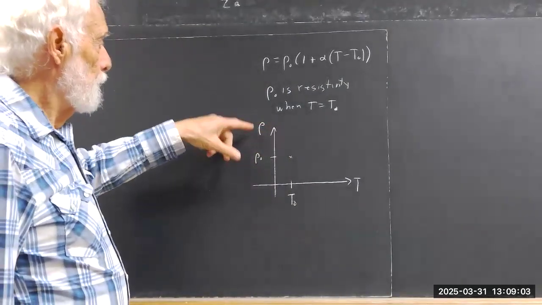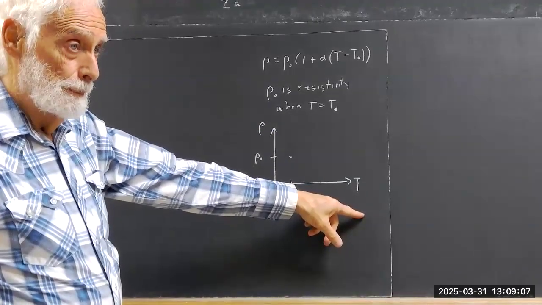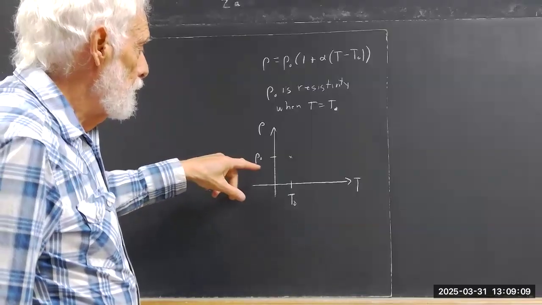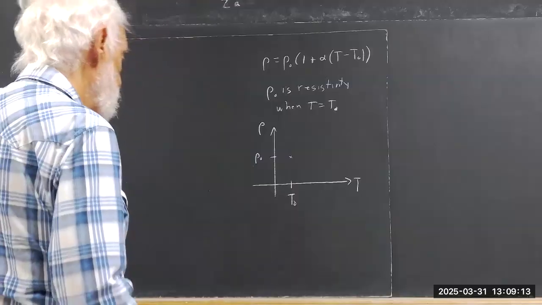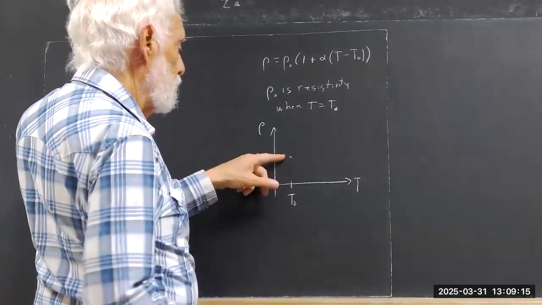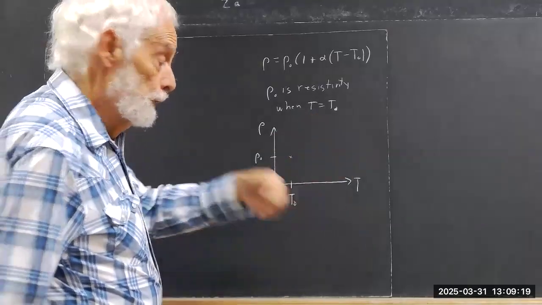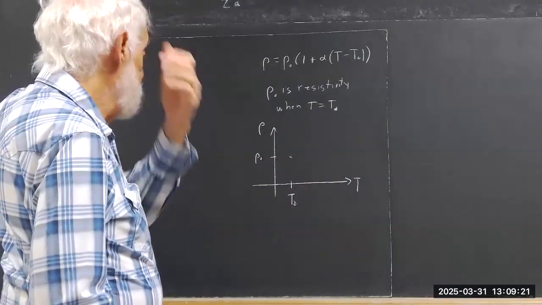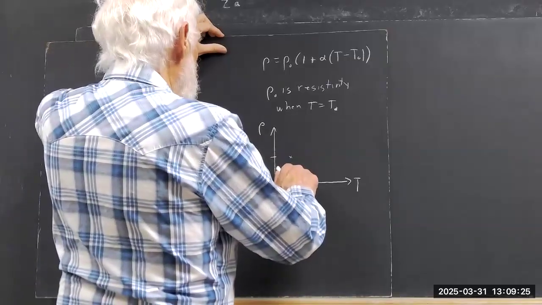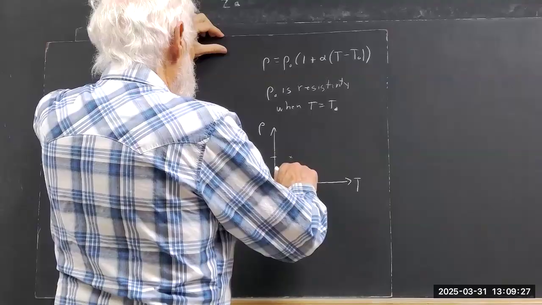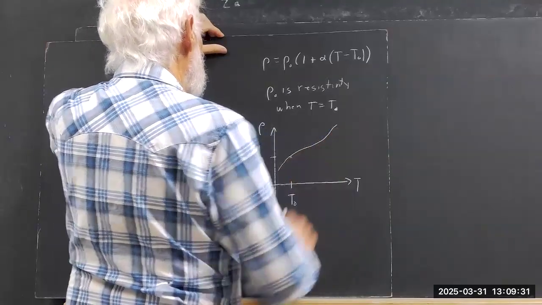Here is a graph of rho versus T. You have a T naught, then you have a rho naught. So right there is a point on the graph of rho versus T for whatever the material is. Now, generally, this thing is going to be some sort of a curve.